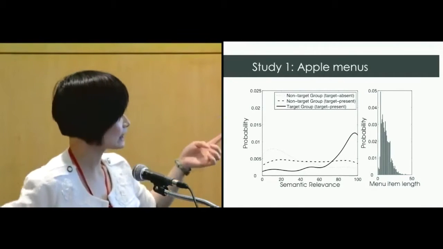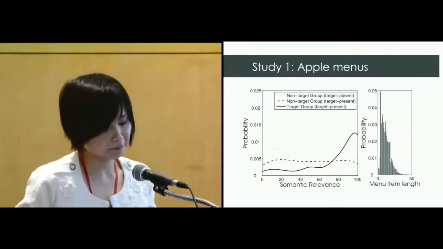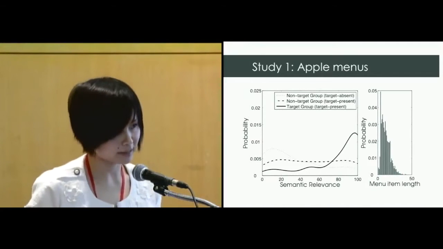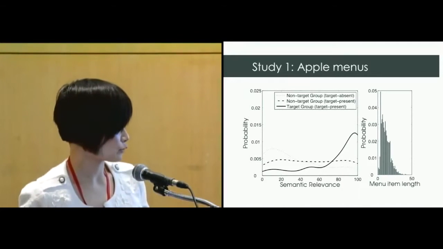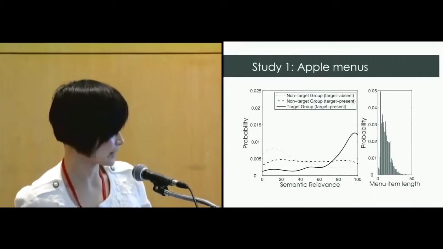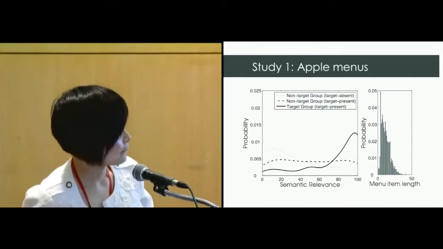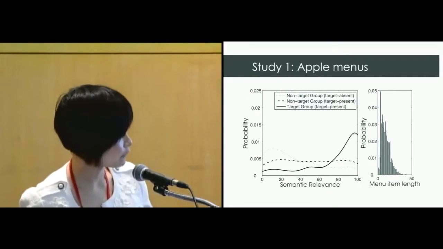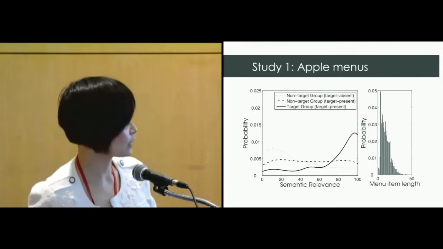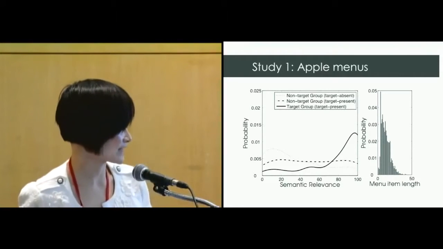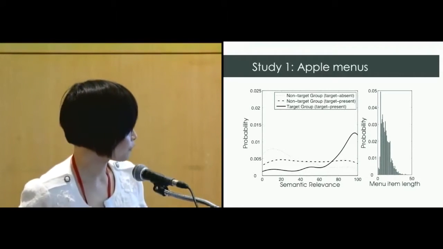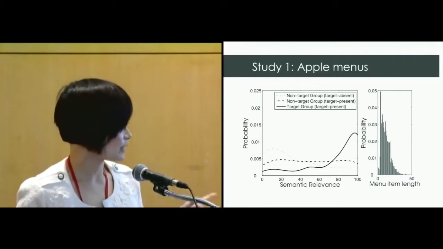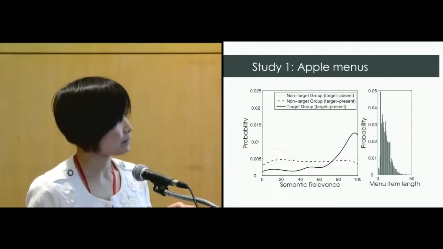In this figure, we give some ecological distributions of the menus we summarized based on the real-world menus. For example, in the right panel, there's a distribution of the menu item lengths. It has a peak around 5 to 6, and it's left skewed. The left panel gives you the semantic relevance distributions, specifically for three types of item pair.